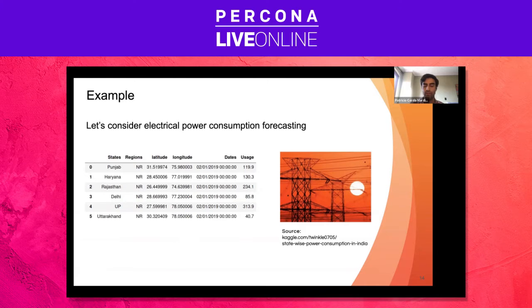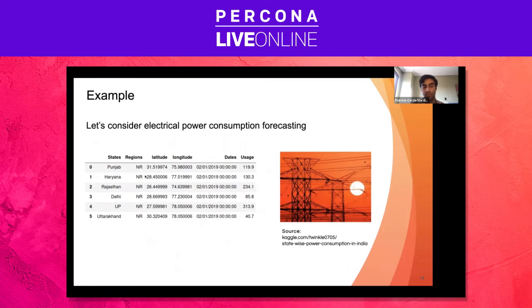We're going to consider a dataset that's retrieved directly from Kaggle. It has to do with electrical power consumption in India. As you can see here, a few rows of the dataset are shown. And you can see that for each daily measurement, there is an associated electrical usage for each Indian state.